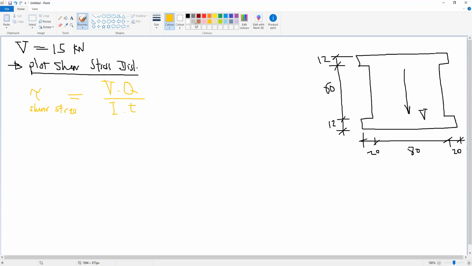Okay, so V is the shear force applied to the section. Q is the moment of area at this point.